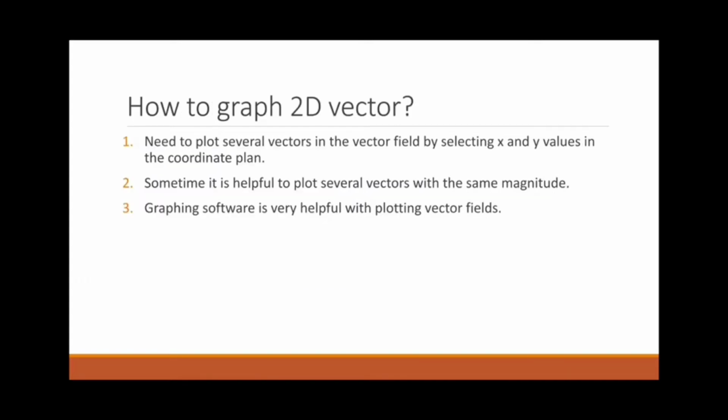Okay, how to graph a 2D vector? First, you need to plot several vectors in the vector field by selecting x and y values in the coordinate plane. Sometimes it is helpful to plot several vectors with the same magnitude.